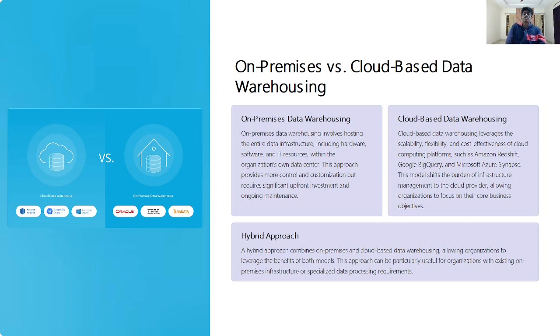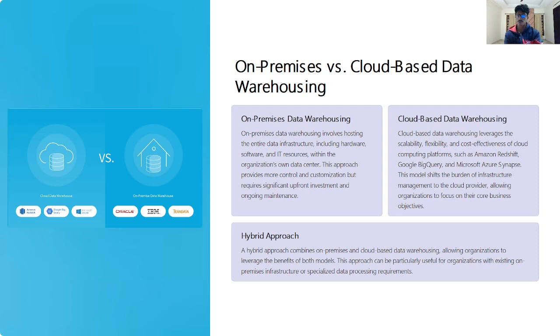On-premise versus cloud-based data warehousing. On-premise data warehousing involves hosting the entire data infrastructure, including the software and IT resources, within the organization's own data center. This approach provides more control and customization but requires significant upfront investment and ongoing maintenance. Cloud-based data warehousing leverages the scalability, flexibility, and cost-effectiveness of cloud computing platforms such as Amazon Redshift, Google BigQuery, and Microsoft Azure Synapse.